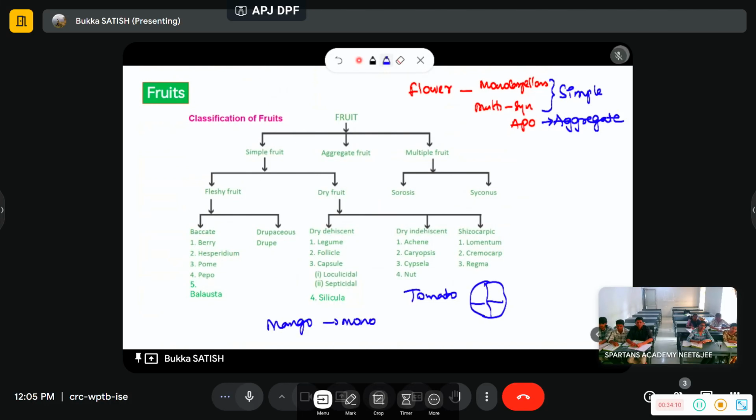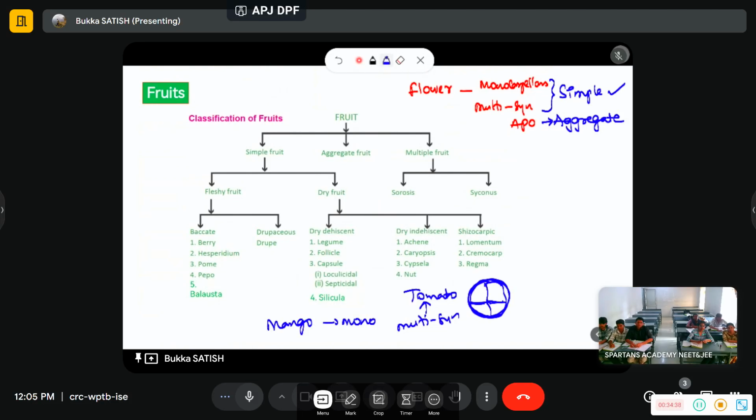Why? Because this is developed from multicarpellary syncarpous condition. From outside, it looks like a single fruit developed from a single ovary, but it's not. It is developing from multiple ovaries, but all these are fused, that's why it looks like one fruit. So both are called what? Simple fruits.